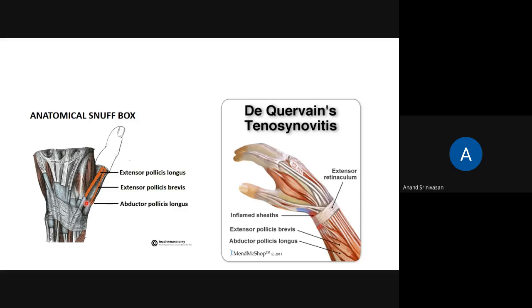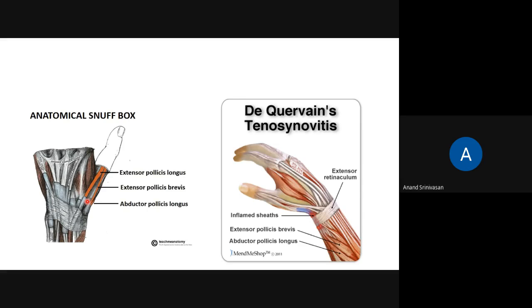So avascular necrosis of scaphoid is quite common, especially in a person who falls on an outstretched hand. If a person trips and falls, what is the first point of injury? He will keep the wrist over the floor, and the impact can injure the wrist, and the scaphoid can be fractured.